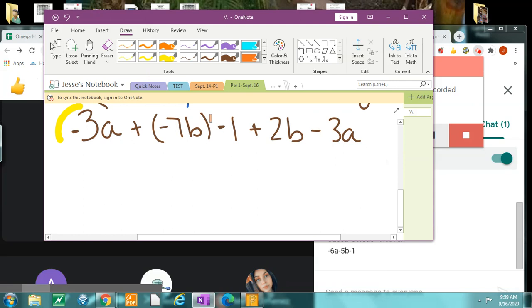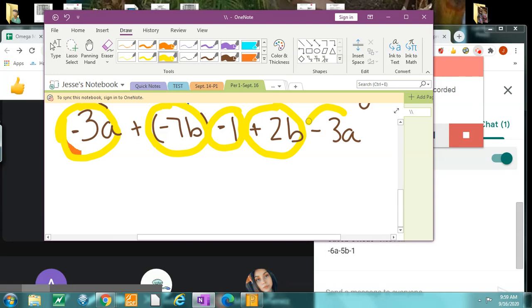Cool. So we're gonna go ahead and circle all the terms. Okay. Negative 1 plus 2b and then negative 3a.